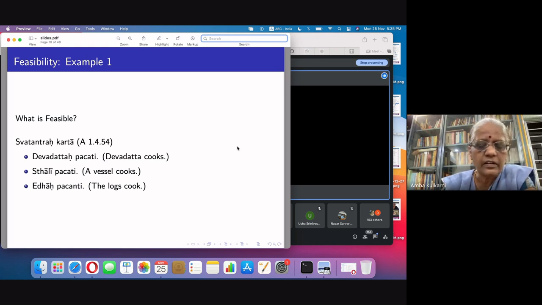Panini has given rules of grammar in a compact way, and that compact way is very similar to how programs are written for computers in today's world. So, one sutra, this sutra is a formula, something like a mathematical formula.